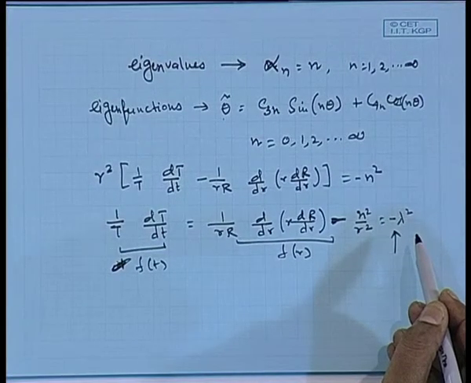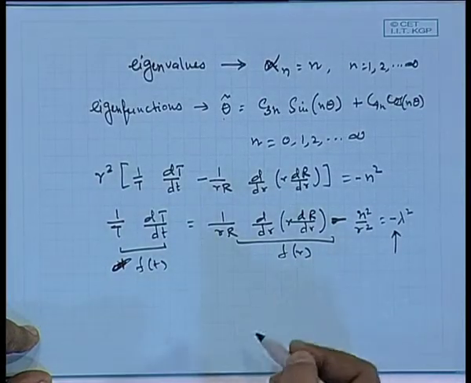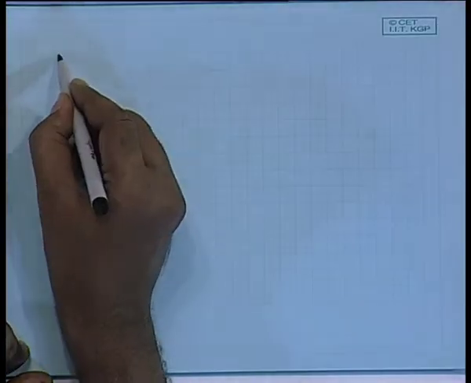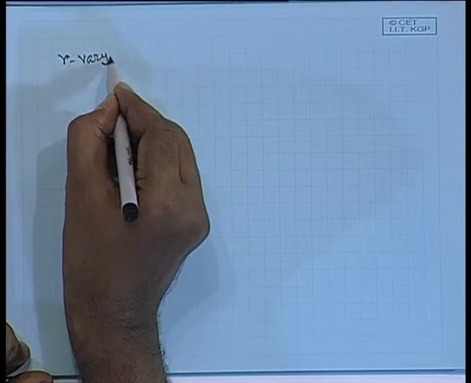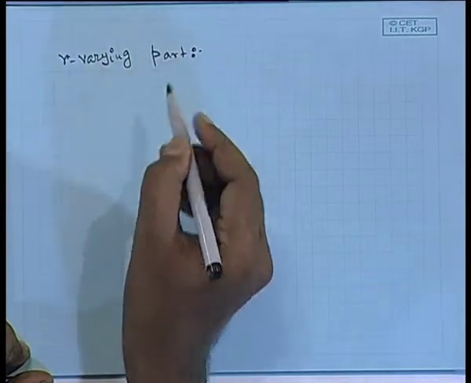Previously it was alpha, and alpha was n, so it was an entirely different thing. Now, let us look into the radial varying part.